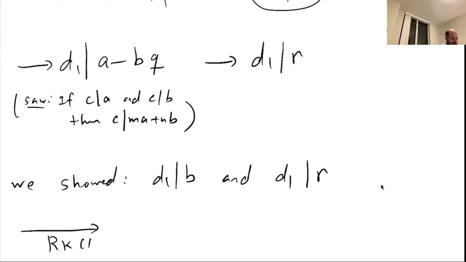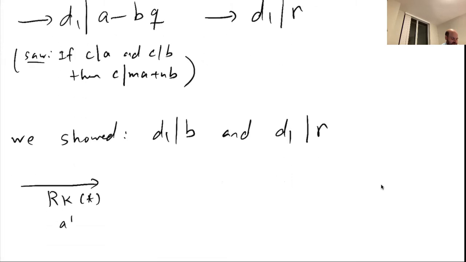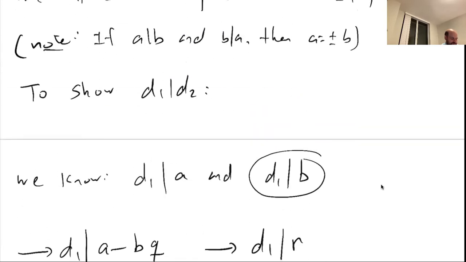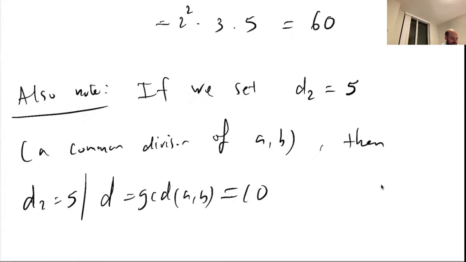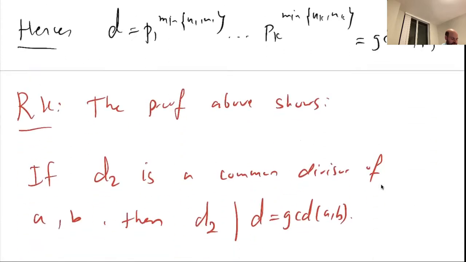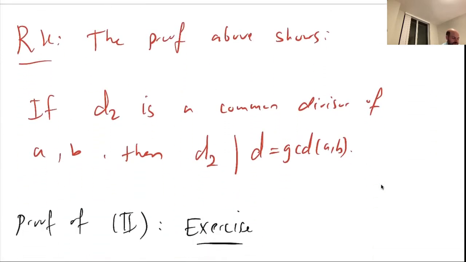Remark star above says that D1 divides the GCD of B and R, which I called D2. See? Here. We call this one remark star.